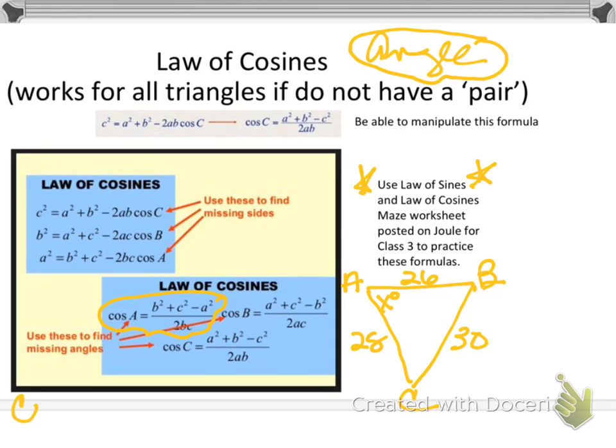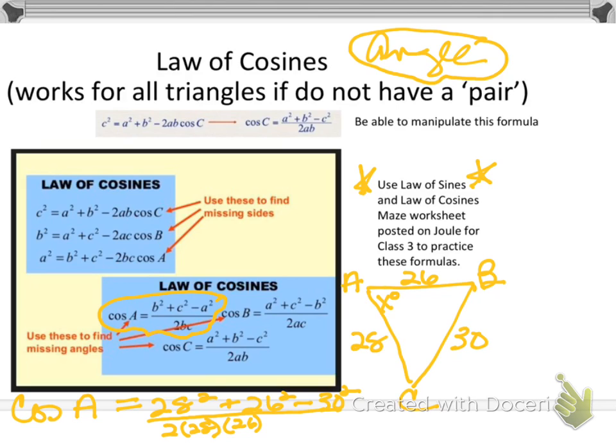So I'm going to say the cosine of A, knowing that A is really X, equals B squared. So that's the little side. So 28 squared plus C squared, which is 26 squared, minus A squared. And A squared is 30 squared, over 2BC. So 2 times 28 times C, which is 26.